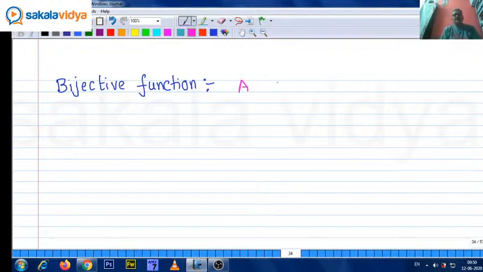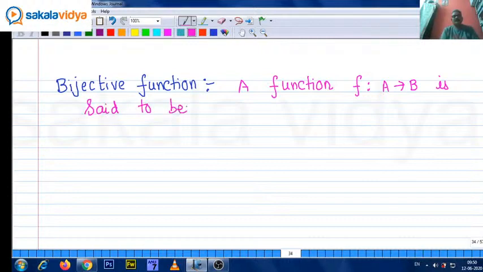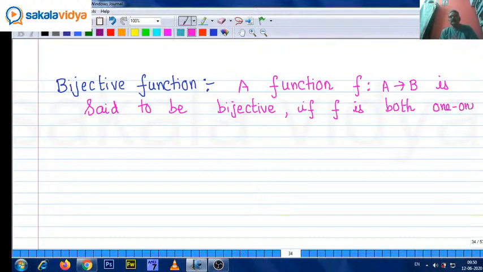A function f maps A to B is said to be bijective if f is both 1 to 1 and onto.